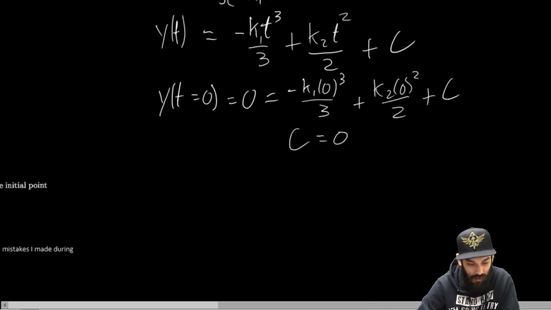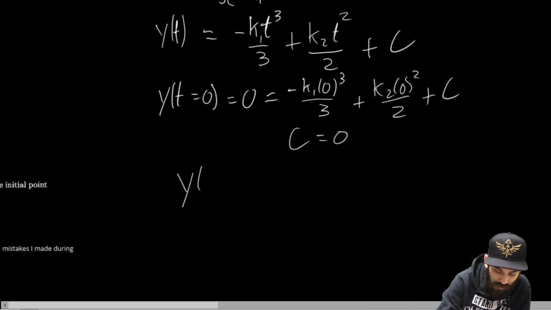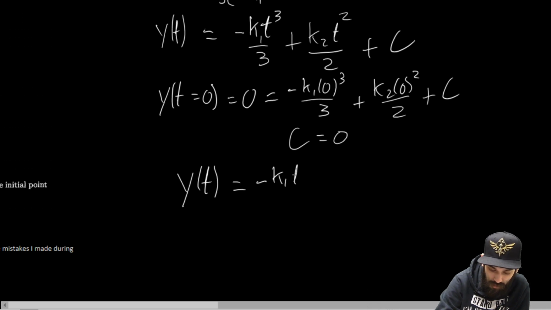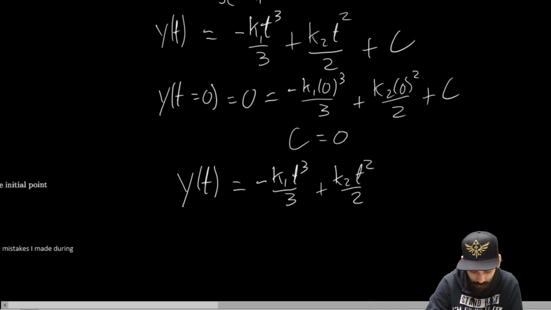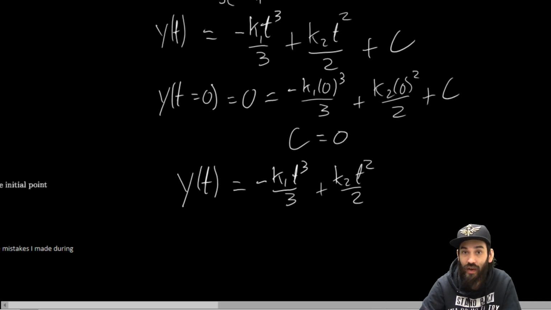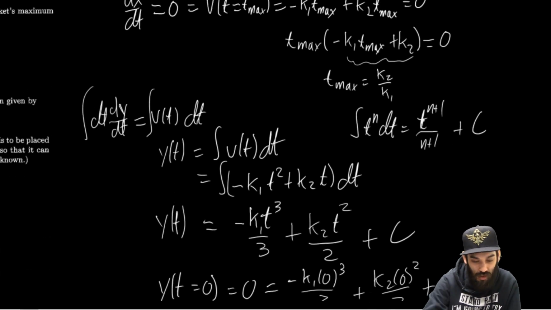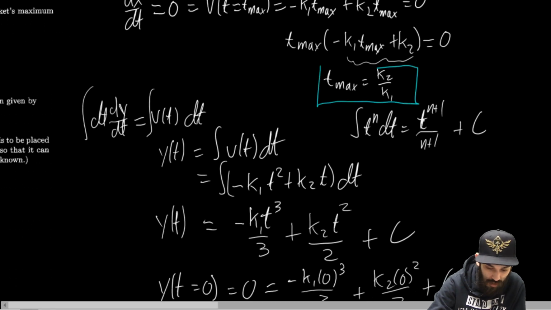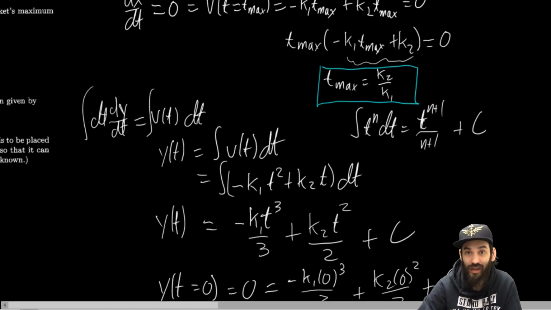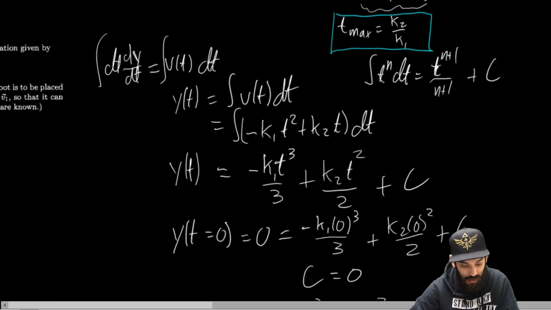So at the end of the day, our position function y of t is going to be equal to minus k1 t cubed over 3 plus k2 t squared over 2. And now that we have our position function, all we need to do is take the time it takes to get to the maximum height and evaluate our position function.